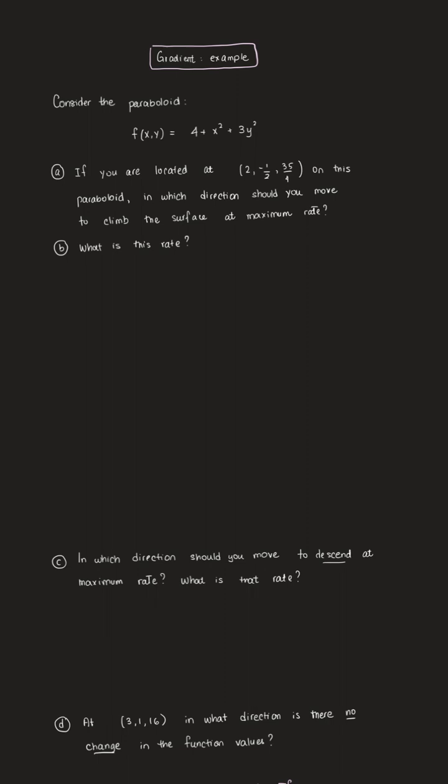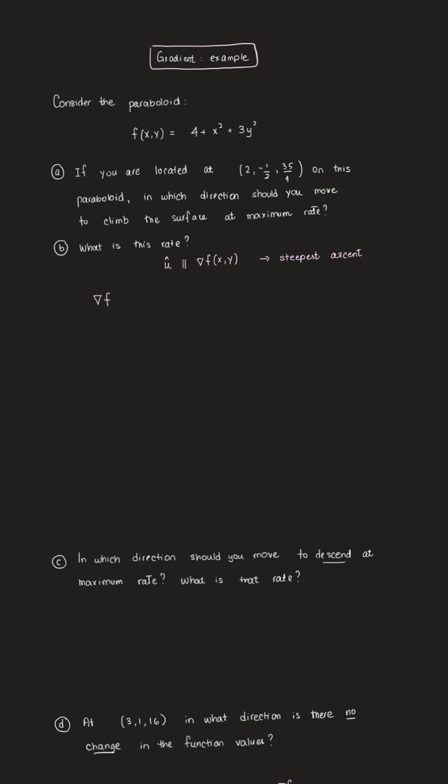Well, from our findings, if we line up our unit vector with the gradient of our surface at a point, then we know we are moving in the direction of steepest ascent. So we want to climb the paraboloid in the direction of the gradient at this point.